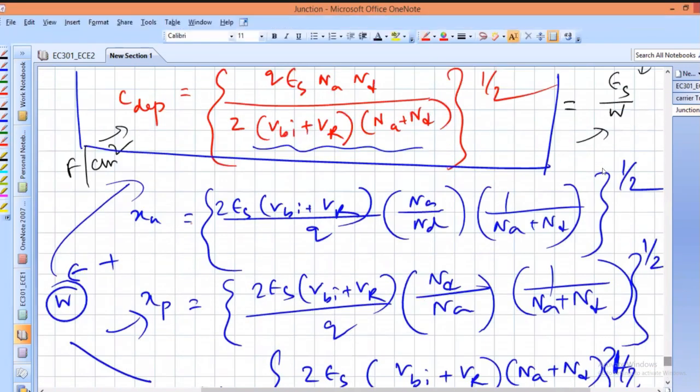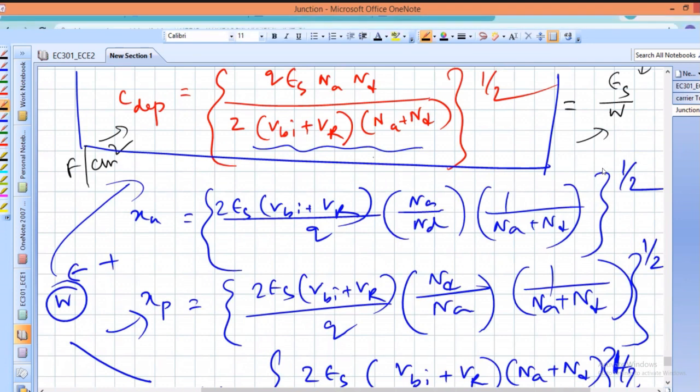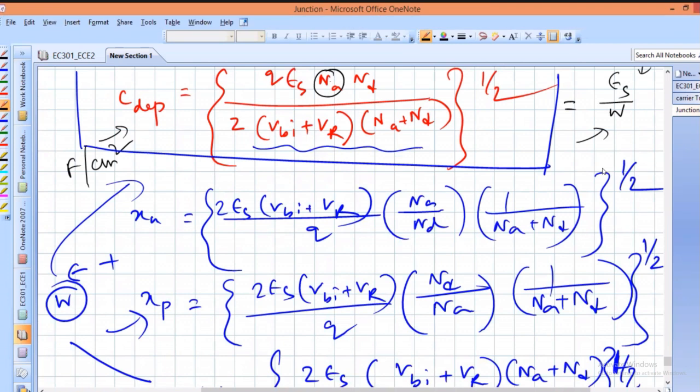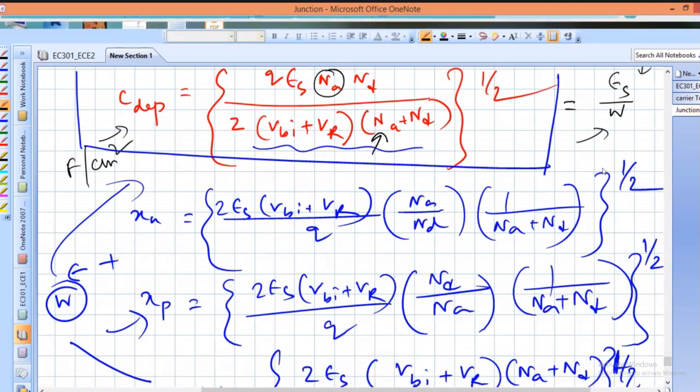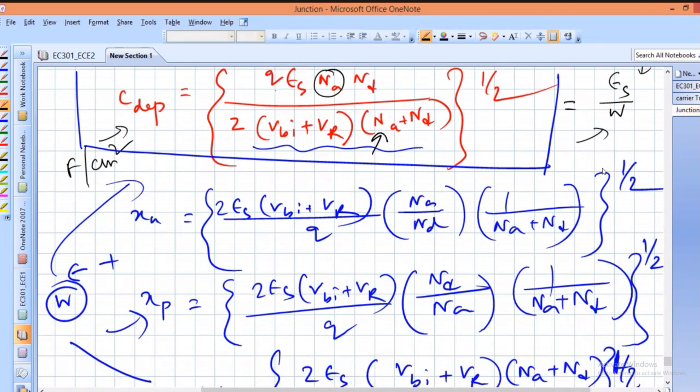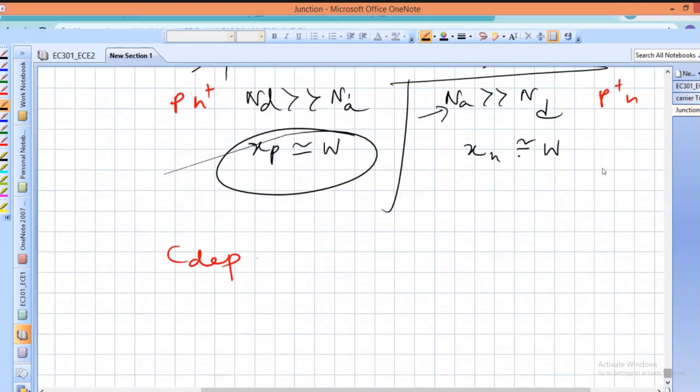So if you consider this equation here, suppose I consider P plus N, so Na is greater than Nd. So I will assume only Na is present. This Na and this Na cancel. So what will be the C depletion equation?